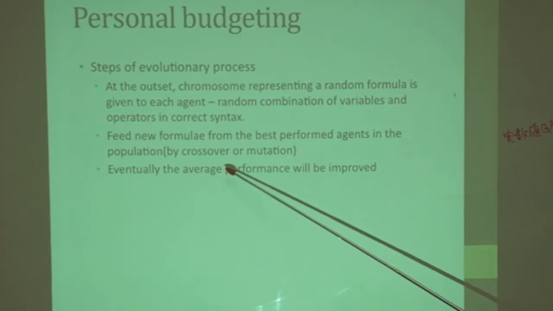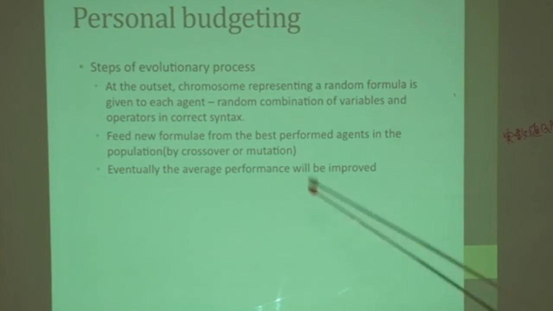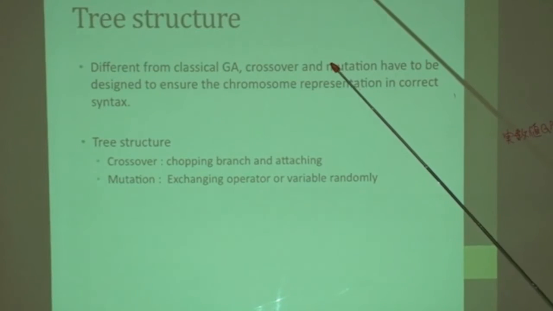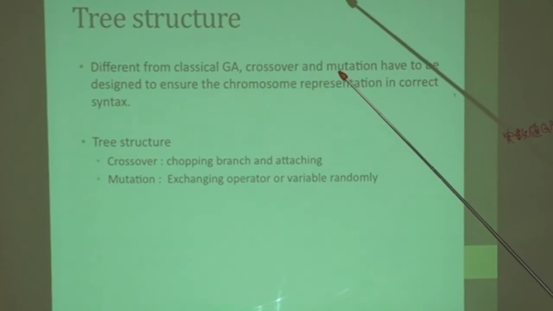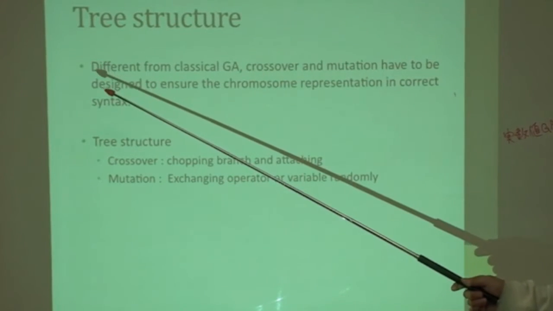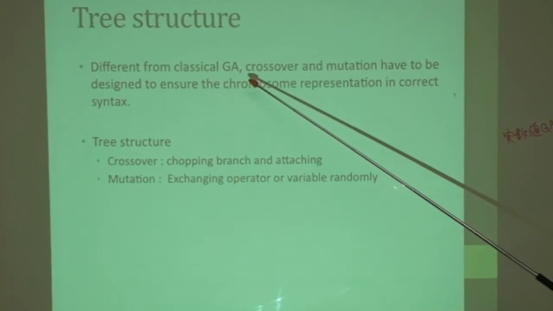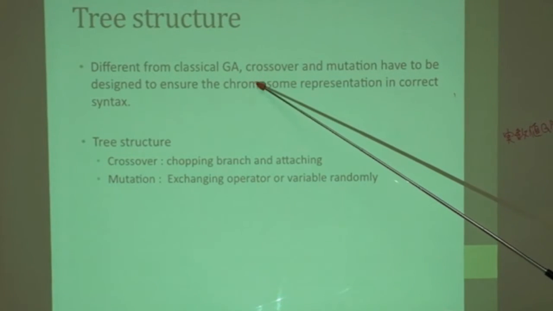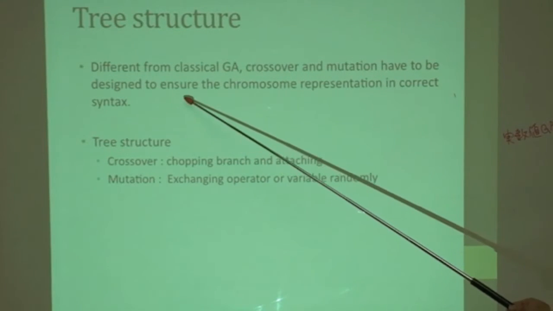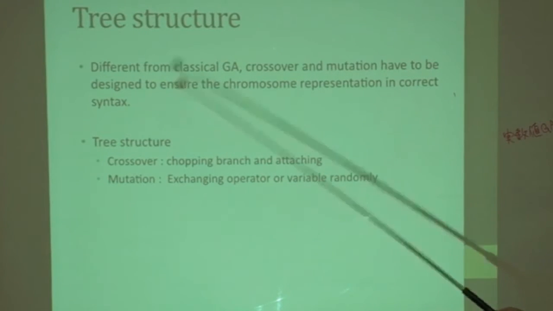Eventually, the average performance will be improved. In this genetic programming, it is different from classical GA, and crossover and mutation have to be designed to ensure the chromosome representation is in correct syntax.